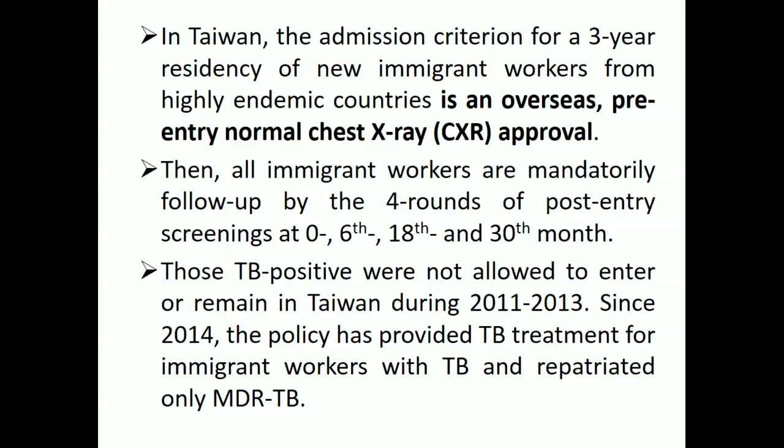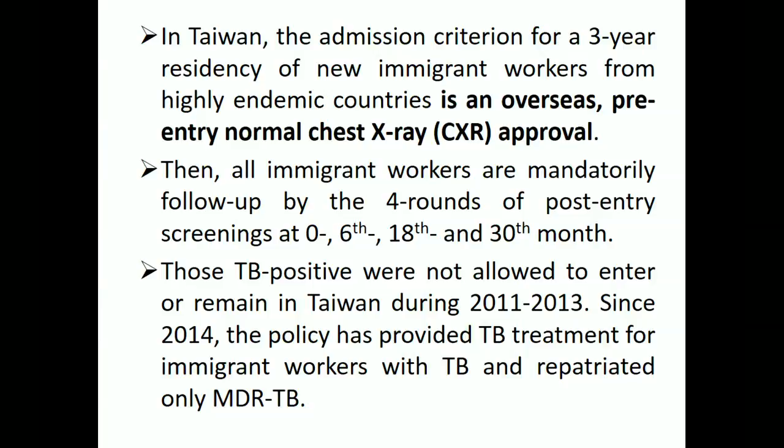In Taiwan, the admission criterion for 3 years residency of new immigrant workers from highly endemic countries is an overseas pre-entry normal chest radiograph approval. Then all immigrant workers are mandatorily followed by 4 rounds of screening.